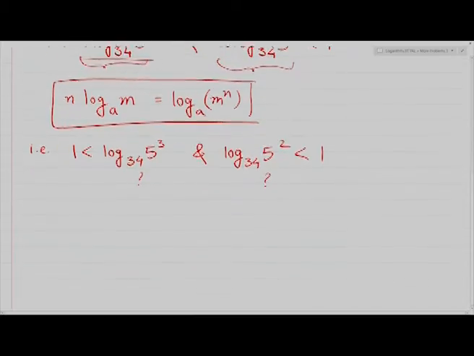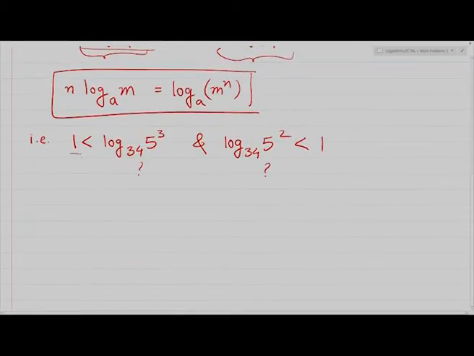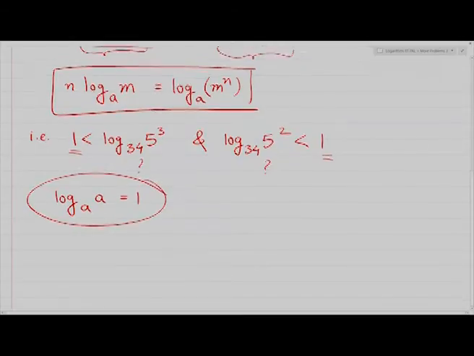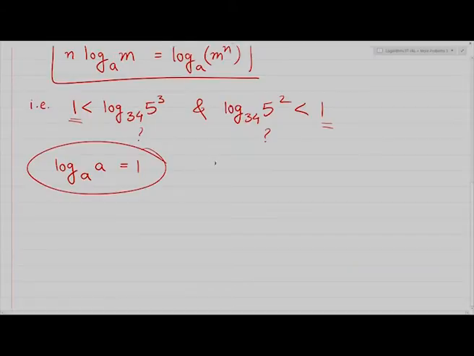How can I represent this 1? Yes, I know, because we know log to the base a of a is equal to 1. We have proved this property, with the conditions a greater than 0 and a not equal to 1. So we want to use this property in order to prove this particular term.